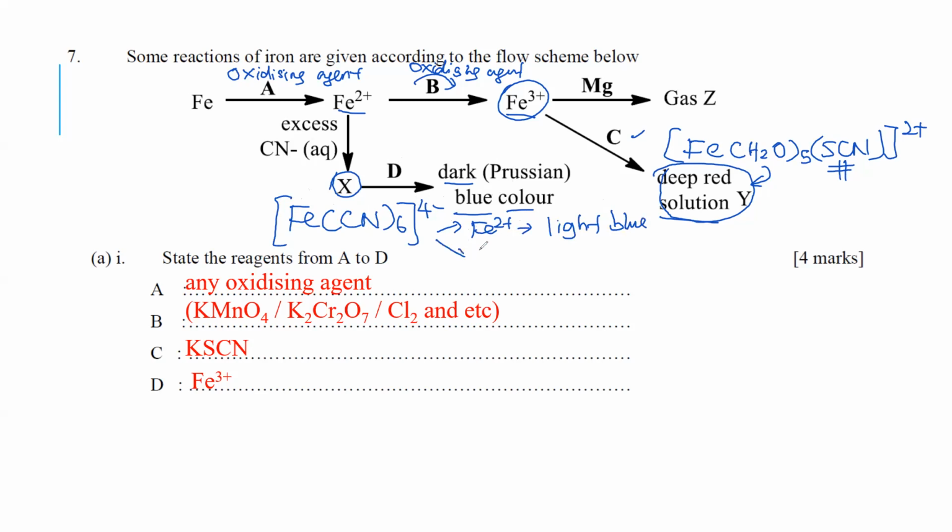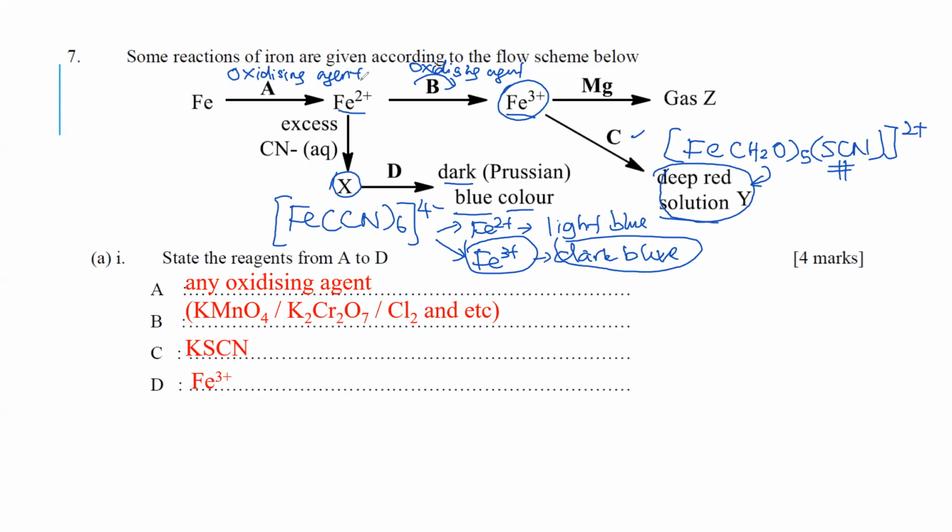And when you react with Fe3+, you will give a dark blue. And this is the Fe3+ that we are talking about that gives a dark blue solution in here. So this is how you are going to solve 7A.